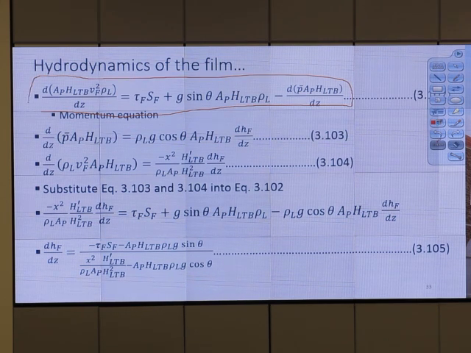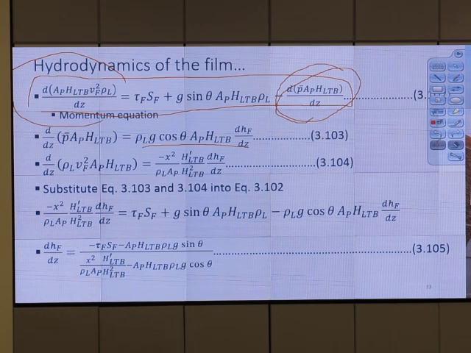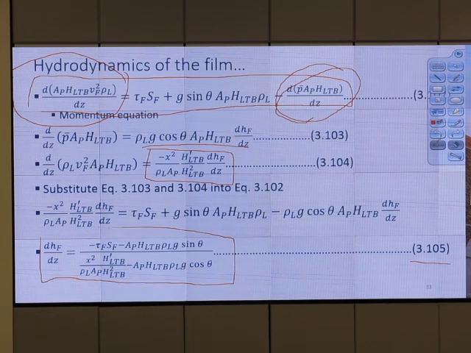We know the last term is this, and we know the first term is that. Put everything in, rearrange, and we get 3.105. That one. So this is dH_F by dz equal to minus tau_F S_F. How do I read this? You can read this, right? The meaning of this equation is you can get the shape of the film.